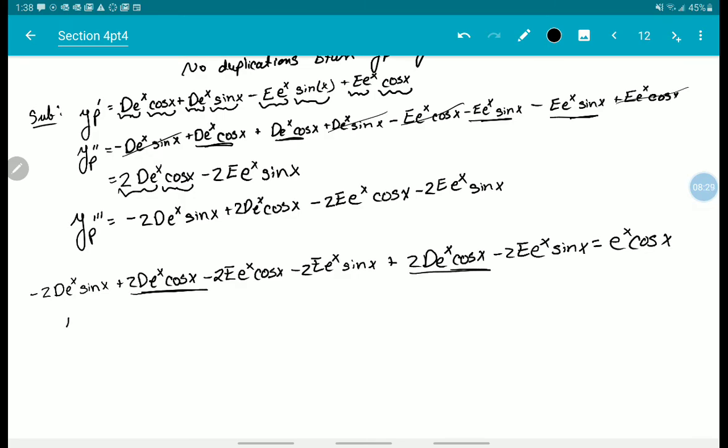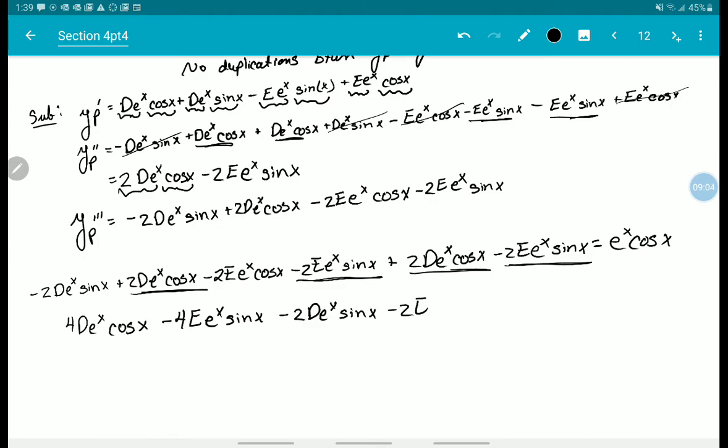So I see I have 4d e to the x cosine of x. I have minus 4e times e to the x sine of x. And then it looks like minus 2d e to the x sine of x. Minus 2e e to the x cosine of x. And that's going to be equal to e to the x cosine of x.